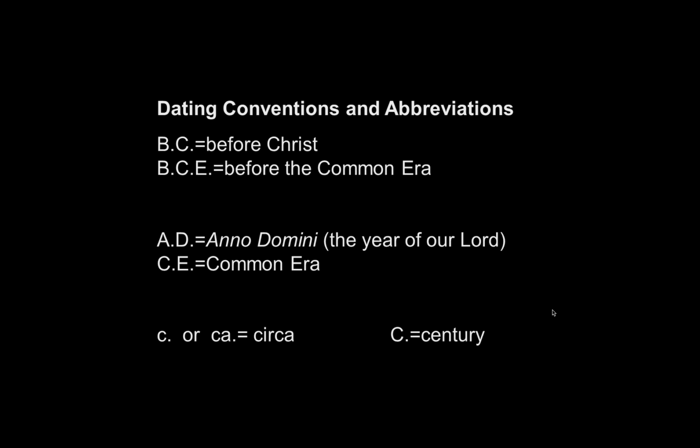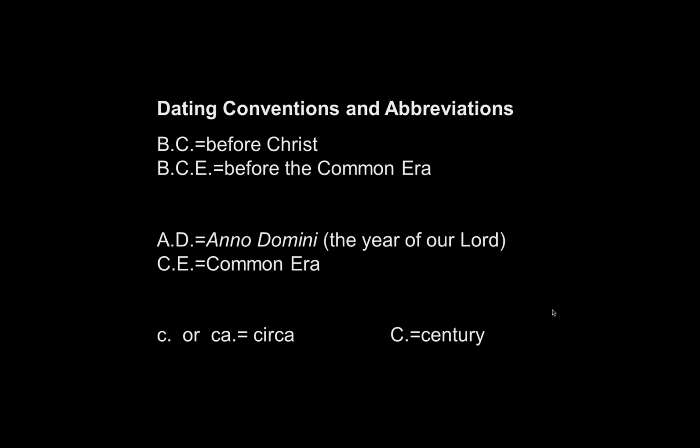BC was before Christ. It becomes BCE, before the Common Era. And by Common Era, we mean into a sort of a common belief of time. And so AD, the year of our Lord, was replaced by CE, meaning the Common Era, a time where we have a common way of telling time.